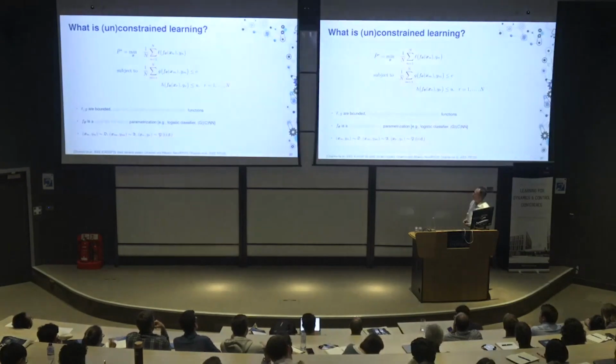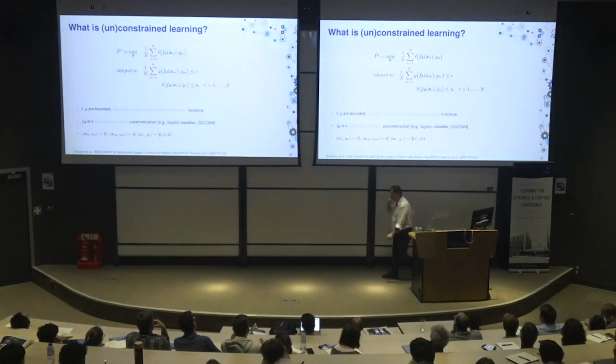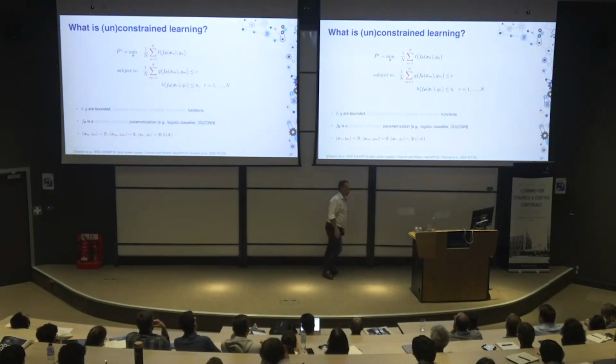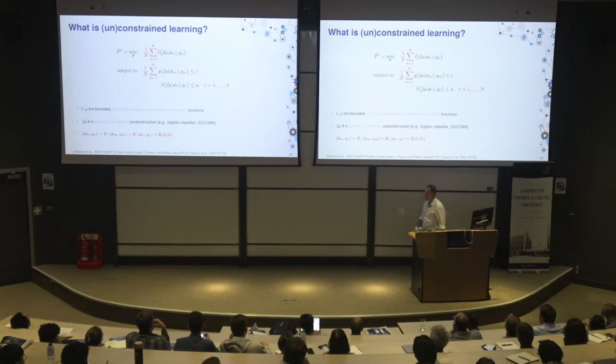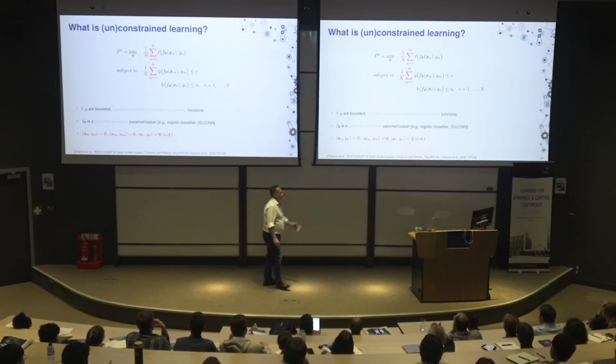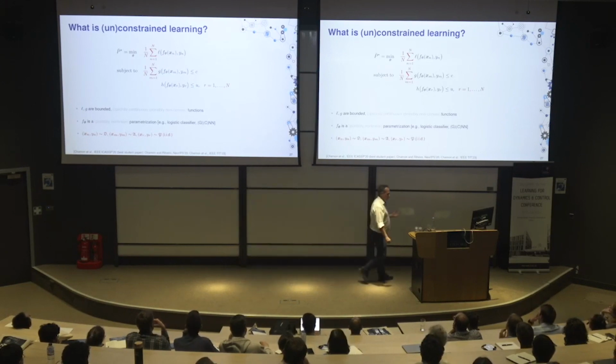Luis gave you a great introduction to what learning with constraints is. And the one message that you should take from that is that if you are doing learning without constraints, you're missing an opportunity, right? Because after you think about it, there are way more problems where we want to impose constraints than problems where we don't.